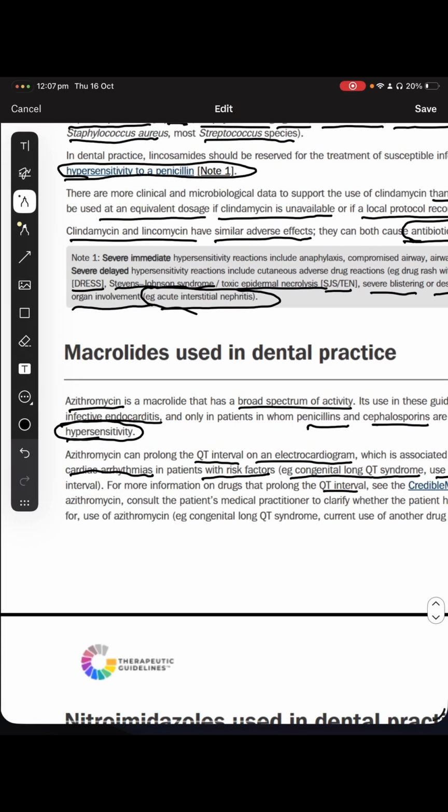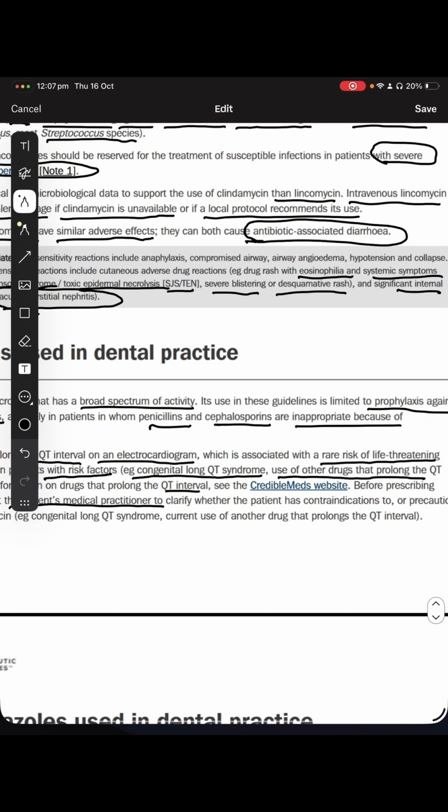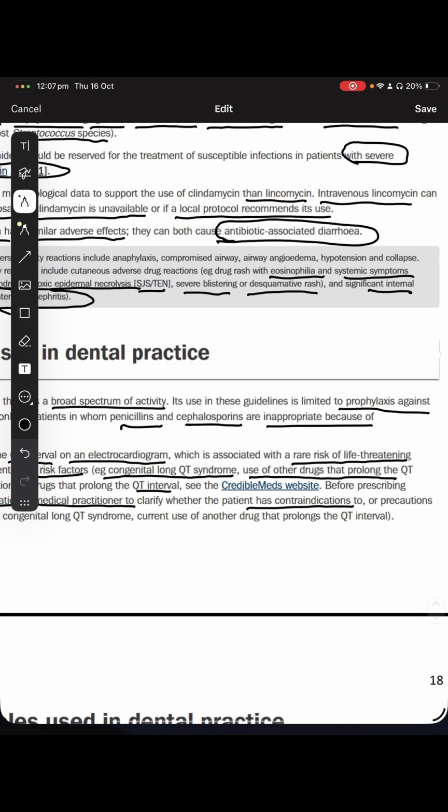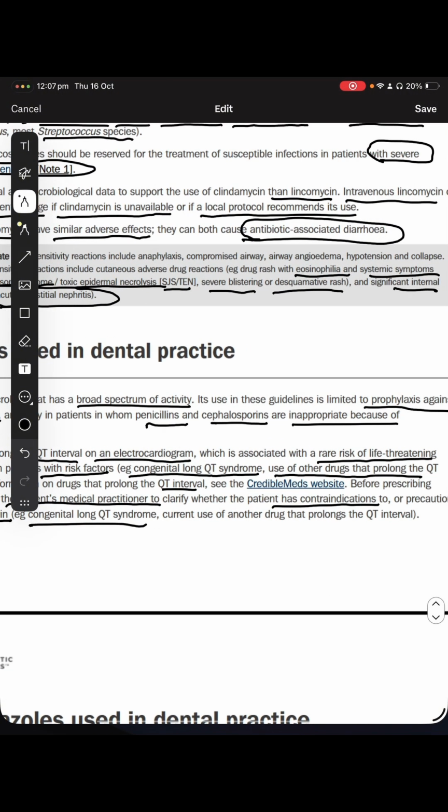Before prescribing azithromycin, consult the patient's medical practitioner to clarify whether the patient has contraindications or precautions for use of azithromycin, for example, congenital long QT syndrome, or if they are using any other drug that prolongs the QT interval.